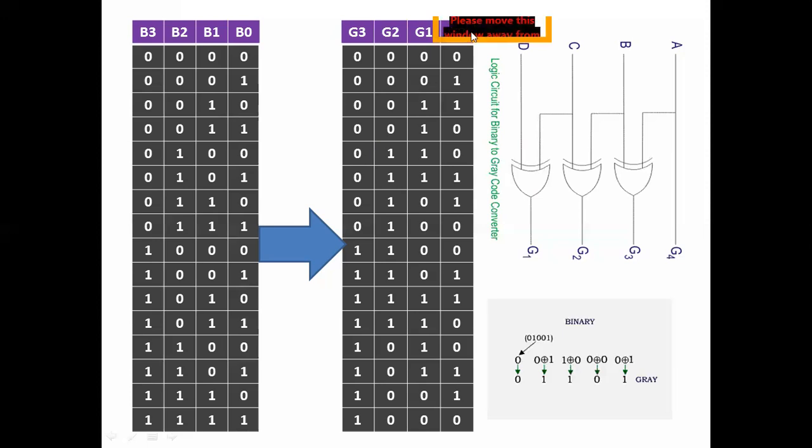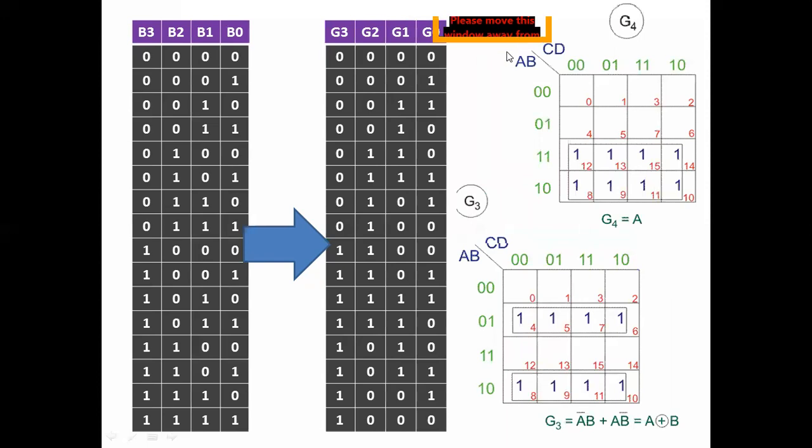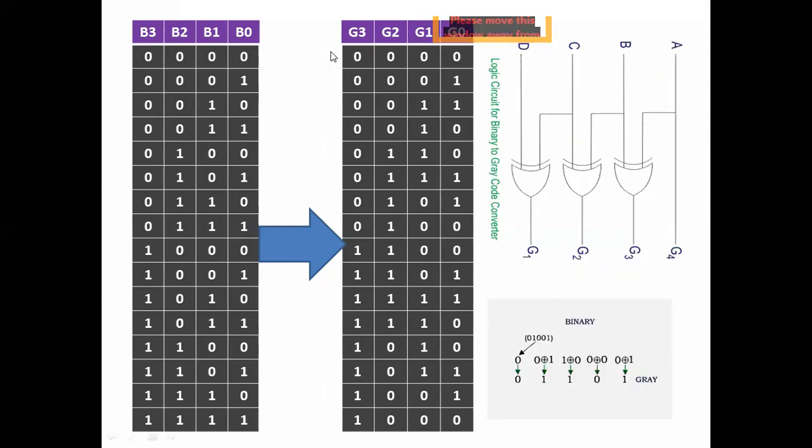Then what is the next step we have to do? The next step is we have to design a combinational circuit. For what? What is the requirement? Our aim is to convert the given binary into gray code. So these are all the gray equivalents.